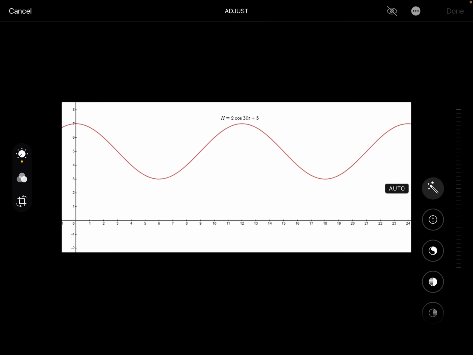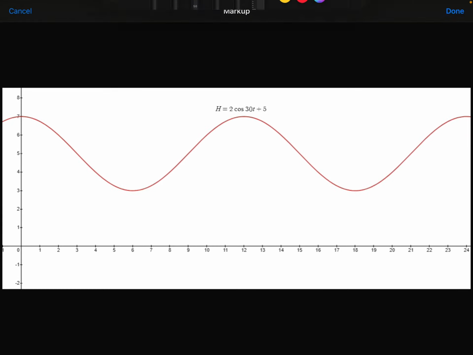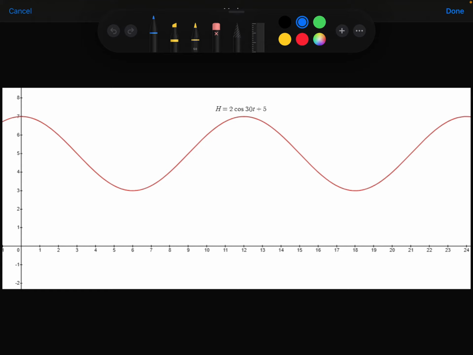And hopefully you can see all of that makes sense if I show you this graphically. So we can see that the maximum height was initially 7 when t was 0 at midnight. It went down to its minimum height of 3 meters after 6 hours. So that was 6 o'clock in the morning.